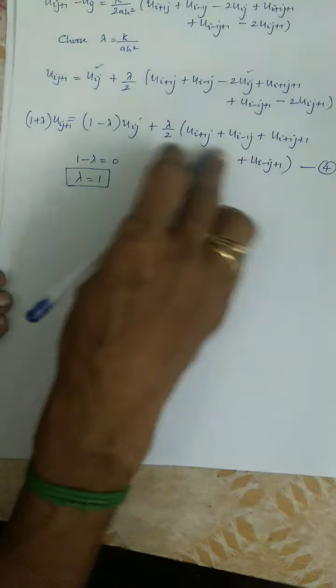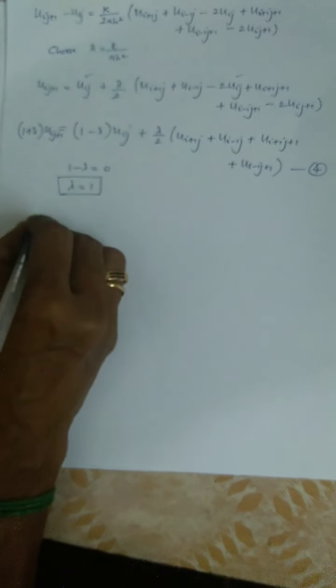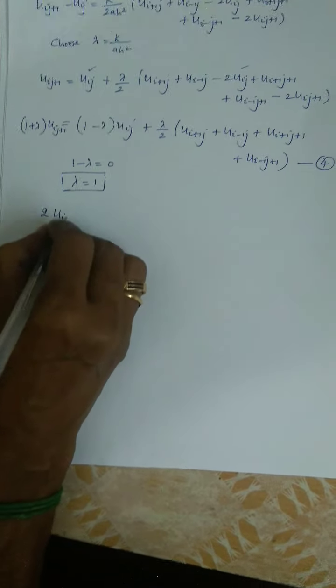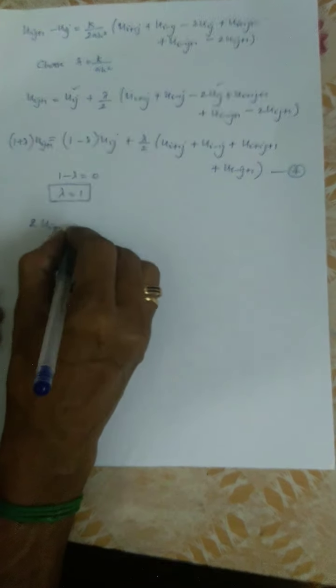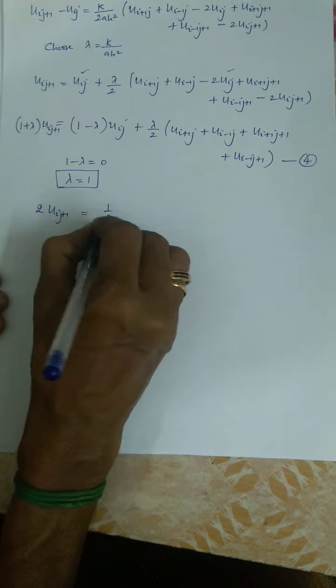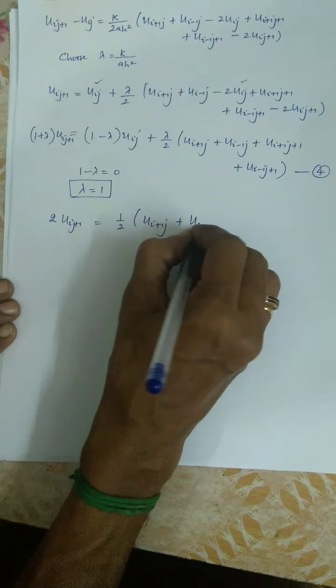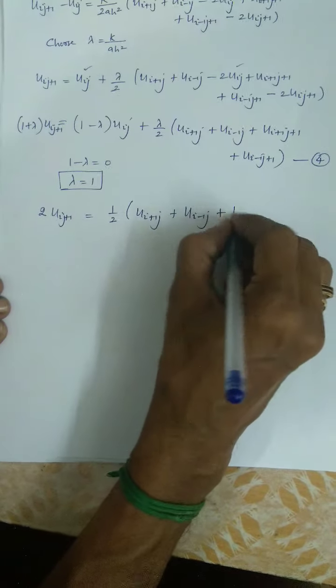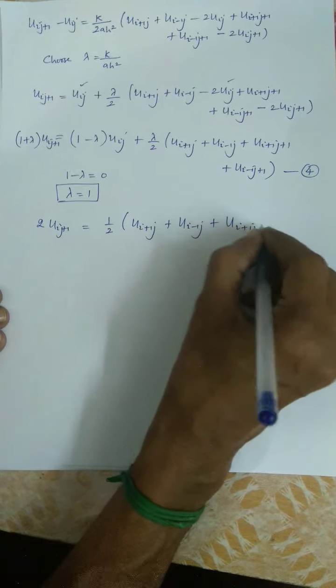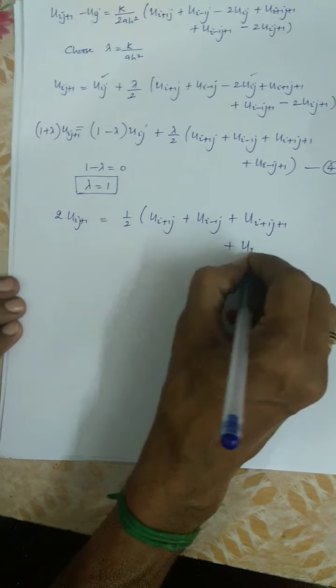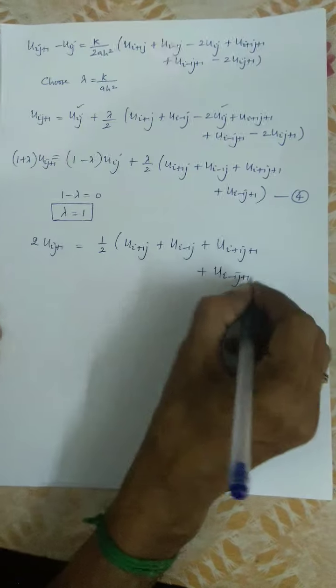If I substitute lambda equal to 1 in this equation, you will get 2 times u(i, j+1) equal to 1/2 times [u(i+1, j) + u(i-1, j) + u(i+1, j+1) + u(i-1, j+1)].